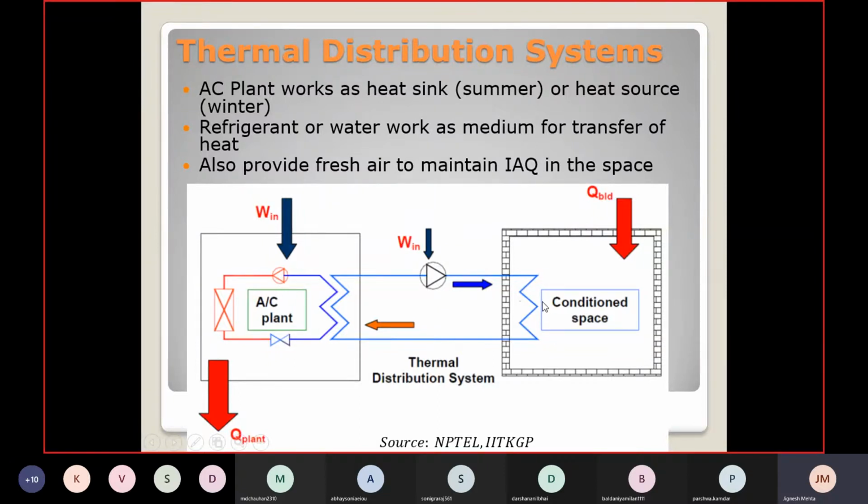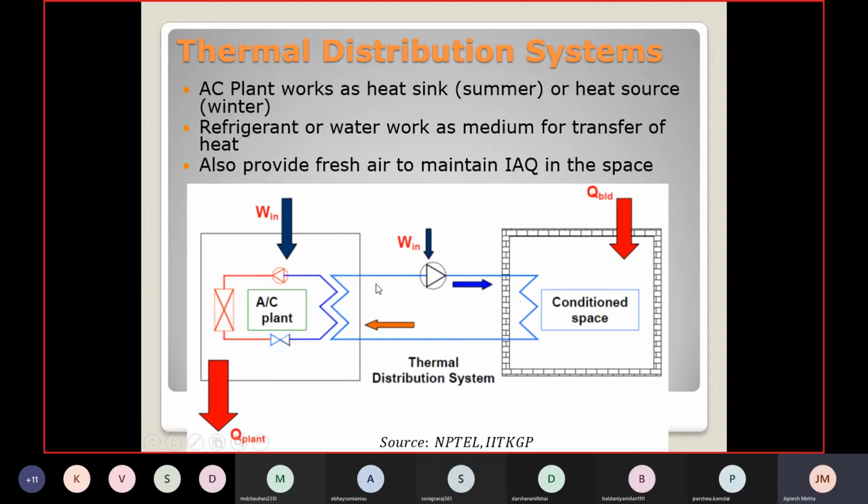Or there is a new type of refrigeration system now becoming very popular in the market, and that is variable refrigerant flow systems. Even in that case, the refrigerant directly goes into the space. There can be multiple cooling coils or evaporator coils in that system. So in that case, the refrigerant is the medium for heat transfer.